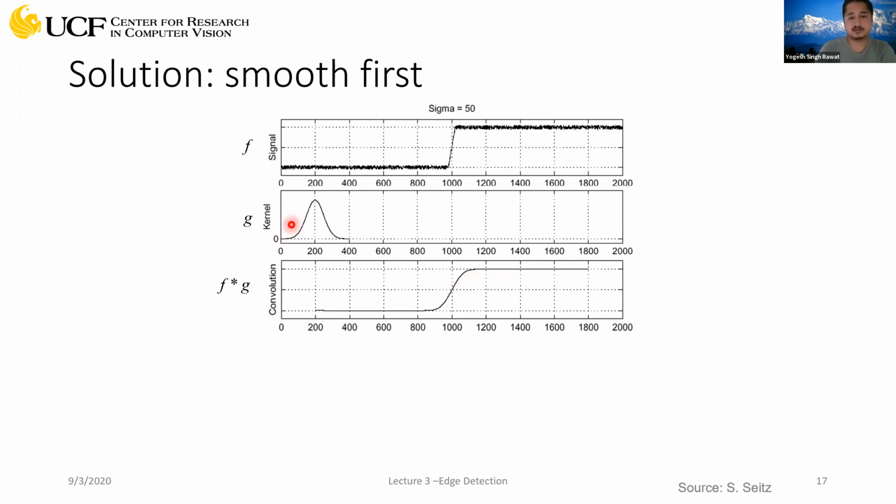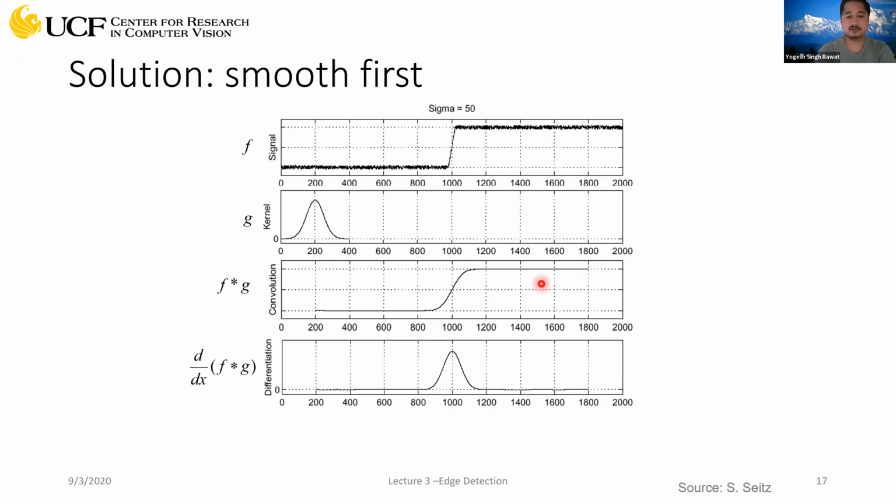So how this is going to work is you will place this filter starting from this location and move it along this direction. Again, you do element-wise multiplication and add up those values, take the weighted average, and that's the resultant value. And this is the result. You can see that all the noise is gone because of that smoothing.